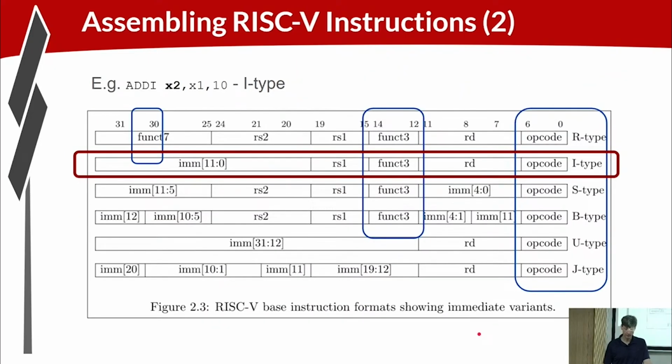From there, at this point we have our opcode, we have our func3, we know that we're I-type, so the format is this. And how do we get the rest of the fields?